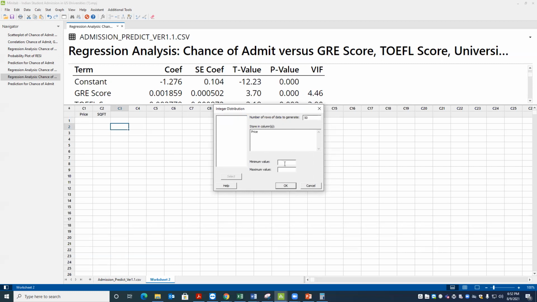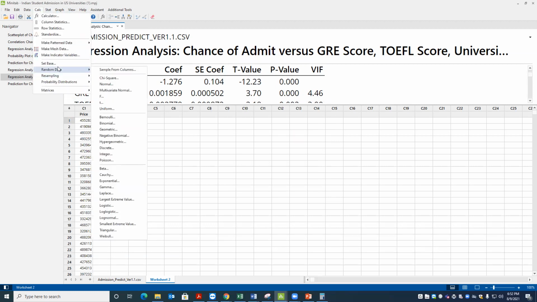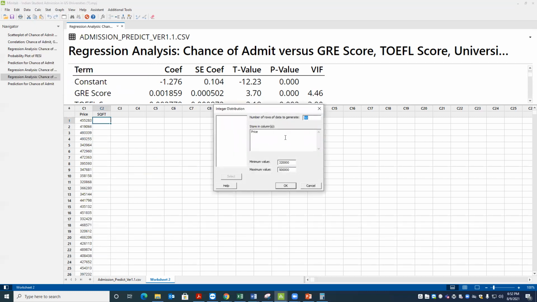The minimum housing price in South Hill is like 320,000, and the maximum in my area is about 500,000. I'm going to do the square feet also randomly, with integer data, in a column called square feet.